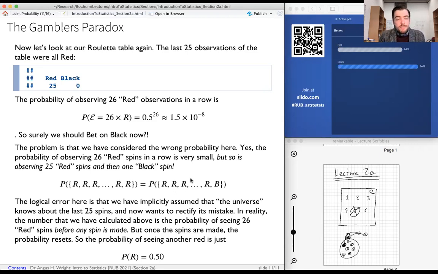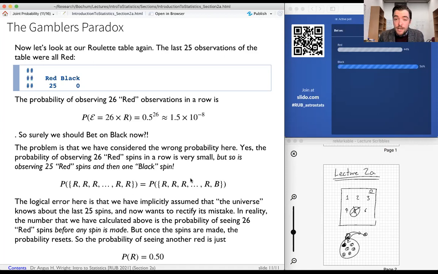We have observed 25 red observations. And what we have said, by preferencing voting for black in the next roll, intuitively, in our own heads, is that I've observed 25 red occurrences.